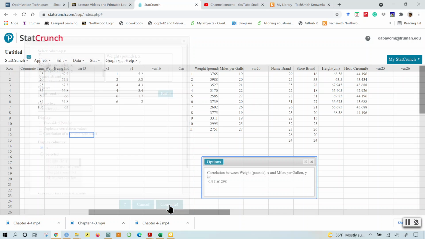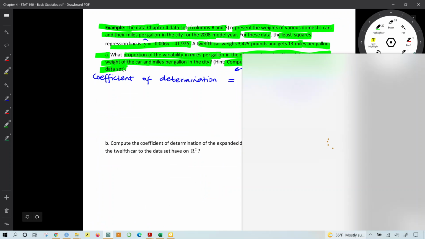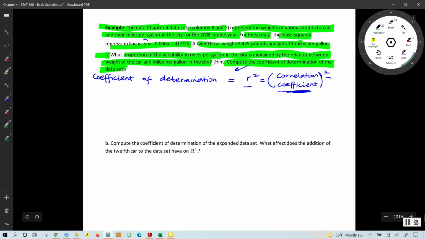And I would like to compute the correlation coefficient, which is negative 0.912. So I have that here. So that will be equal to negative 0.912 all squared. If I square this, I should get a positive number.